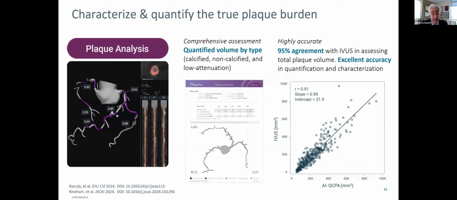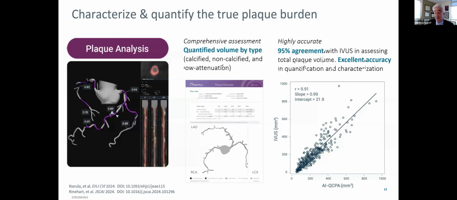But we can go beyond that now. We can go beyond FFR-CT and independently quantify plaque, not only total plaque volume, but by type: calcified plaque, non-calcified plaque, low attenuation plaque, and really get at the patient's true risk by understanding their value. And this tool has been highly validated.